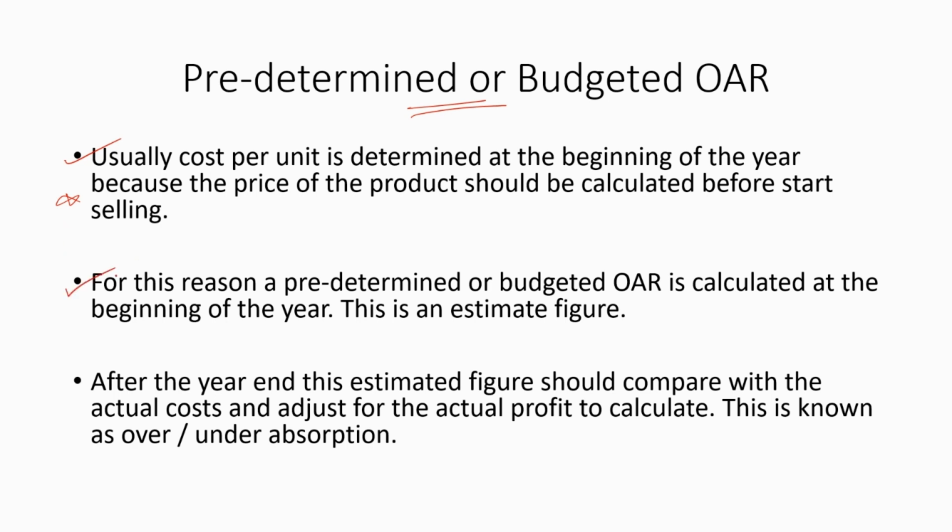For this reason, a predetermined budgeted OAR is calculated at the beginning of the year. This is an estimated or budgeted figure. After the year end, this estimated figure should be compared with the actual costs and adjusted to calculate the actual profit. This is known as over and under absorption. We will discuss it in greater detail under absorption costing.